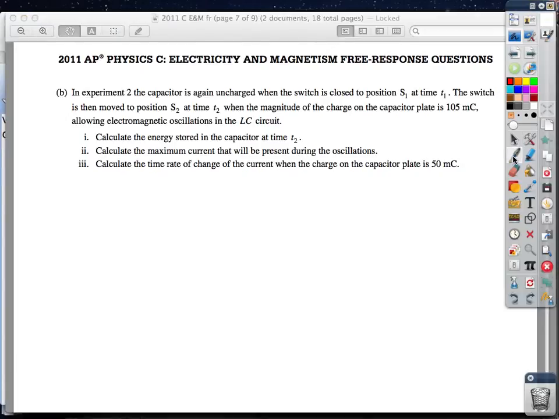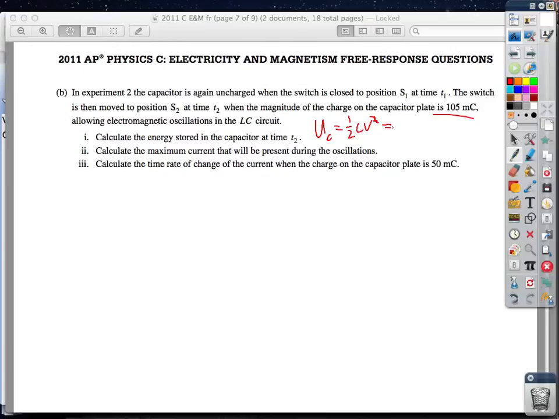So this first part, the first question is pretty straightforward, right? Because we know that the energy in a capacitor is 1/2 CV squared. Okay, so that's easy. And they've already told us the charge. So you can do this any number of ways if you want. You can solve that different ways.